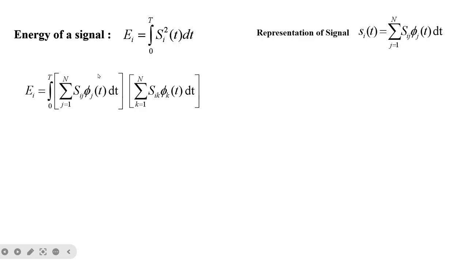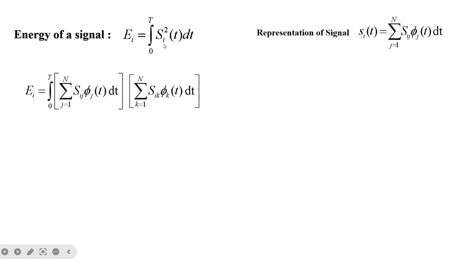So what we'll do is, for the first one, we will take the summation from j is equal to 1 to capital N Sij phi j of t. Then in the second summation, we'll be taking it as summation k is equal to 1 to capital N Sik phi k of t.